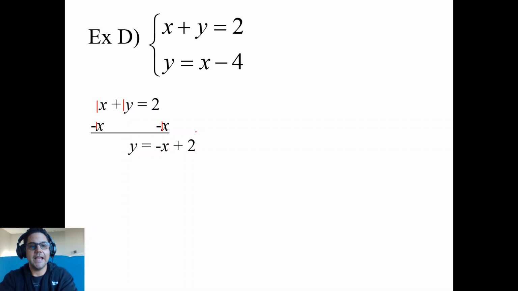So that means I have y is equal to -x plus 2. Again, I don't put the actual 1 on that answer. My slope is -1/1. My y-intercept is 2, or more specifically, (0, 2).